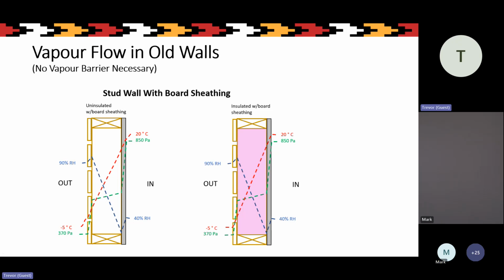So that's how old walls worked, and that's how a lot of them are still working today without vapor barriers and without problems due to vapor flow. Lots of other problems, probably air leakiness and poor thermal performance, but they don't have any problems related to vapor flow.